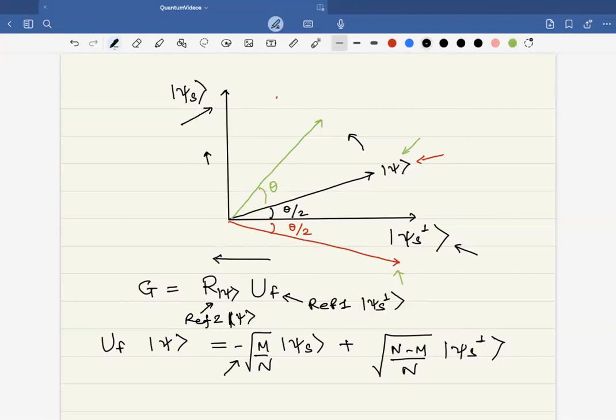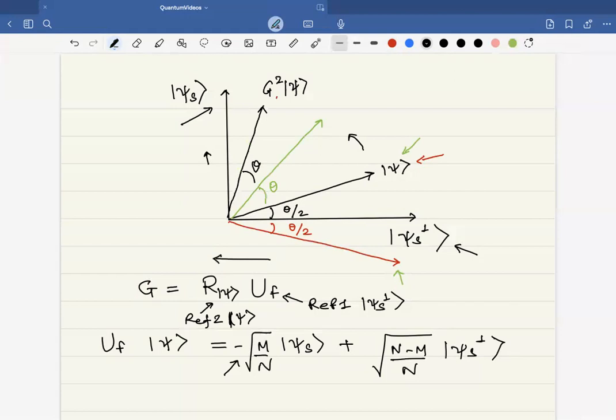So in the next iteration, this vector will first get reflected again about psi s perp, and then get reflected about psi to get to an angle which is over here. So this will be another theta in the second iteration. So this is G squared of ket psi, right?